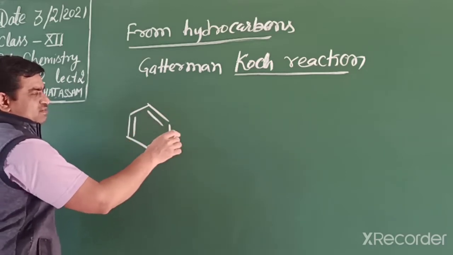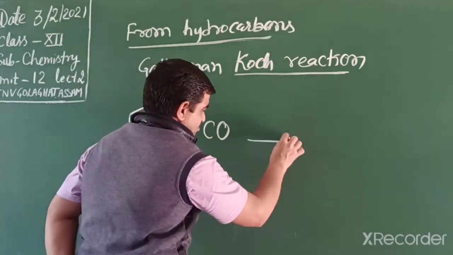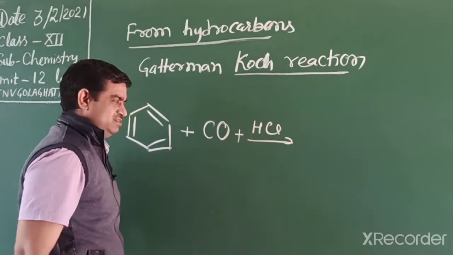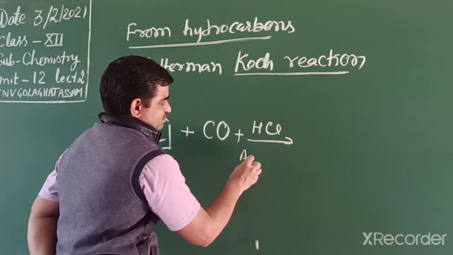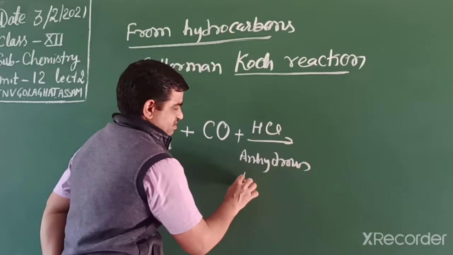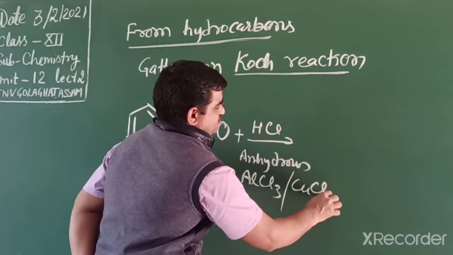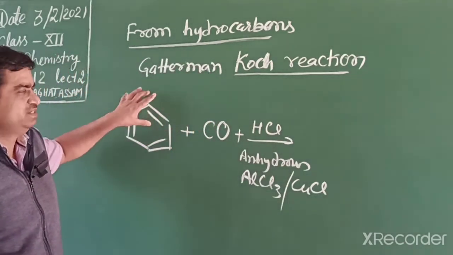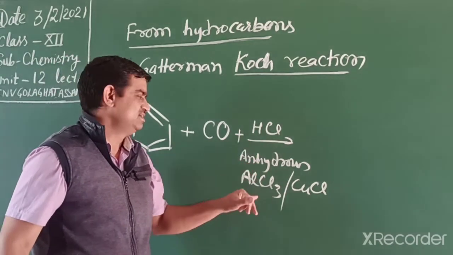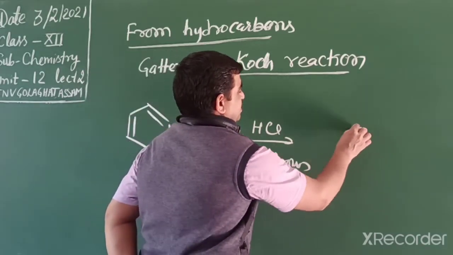When benzene reacts with carbon monoxide, a poisonous gas, in presence of HCl, carbon monoxide and HCl react in presence of anhydrous aluminum chloride or cuprous chloride.